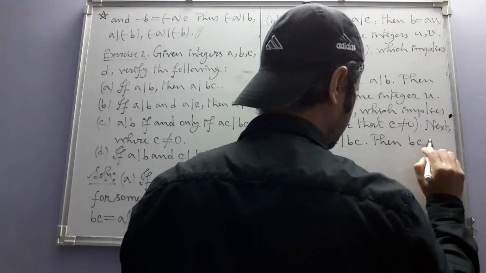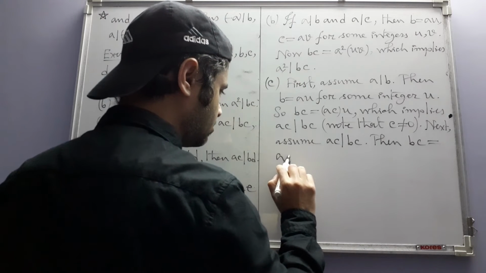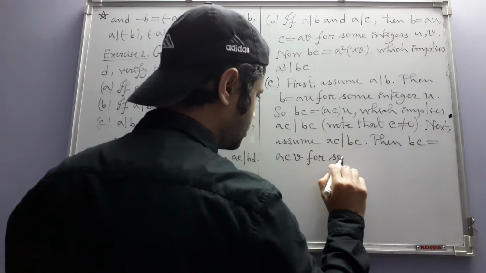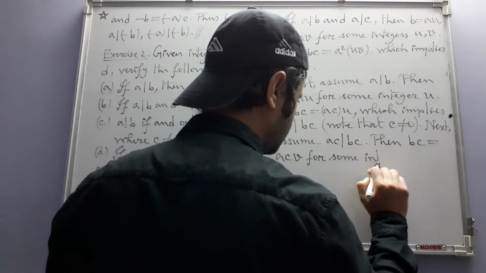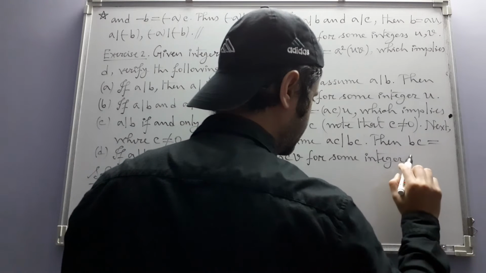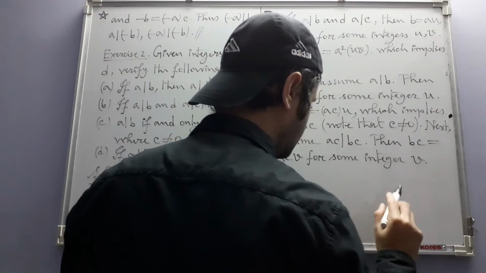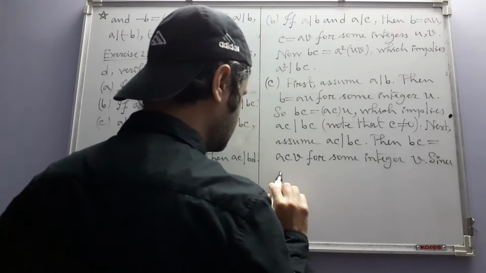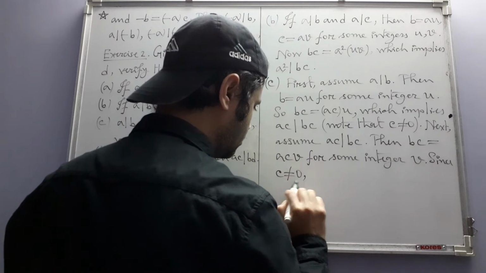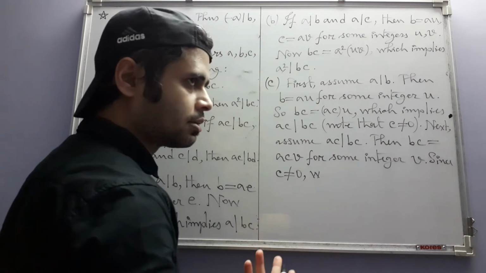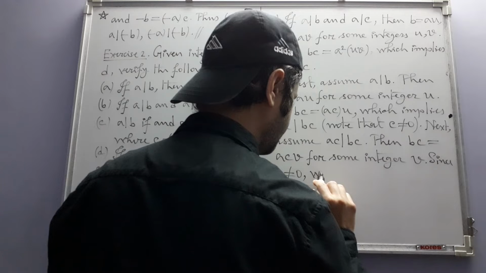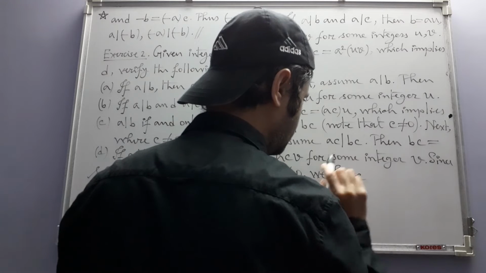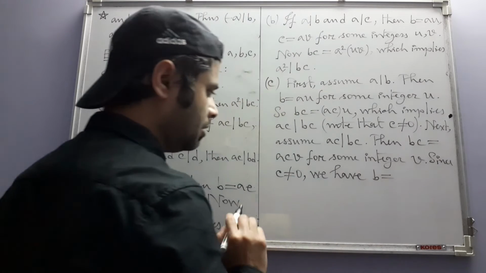Then BC is equal to AC times V for some integer V. Now invoke the non-zeroness of C. Since C is non-zero, from this equation you can cancel C from both sides, loosely speaking. So doing that you get B equal to AV.